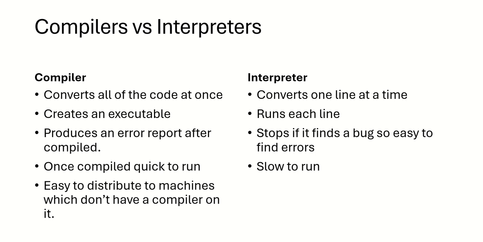The good thing about an interpreter though is that if you have the interpreter on your computer, you can run the code regardless of what type of processor you've got.